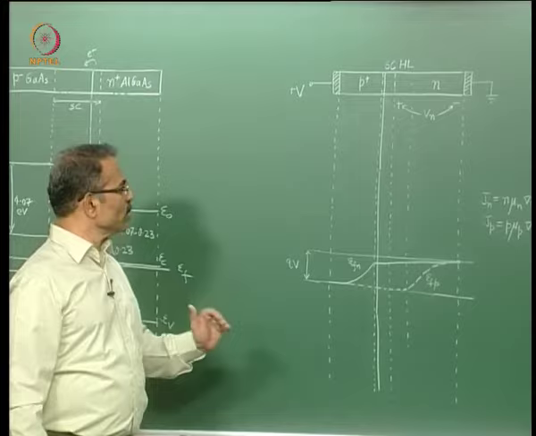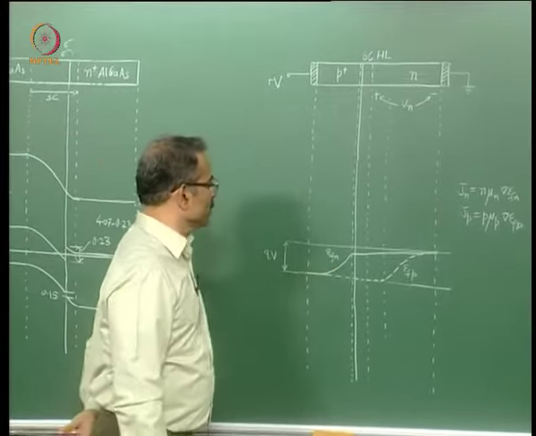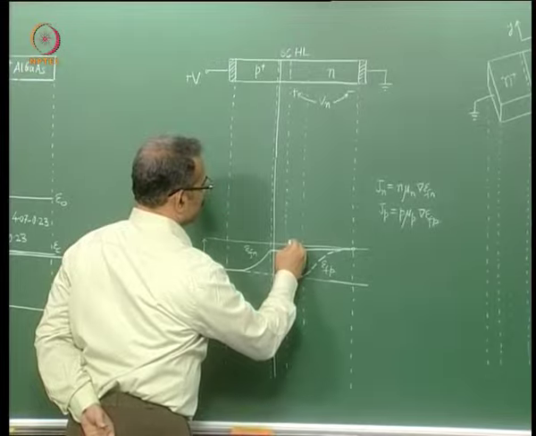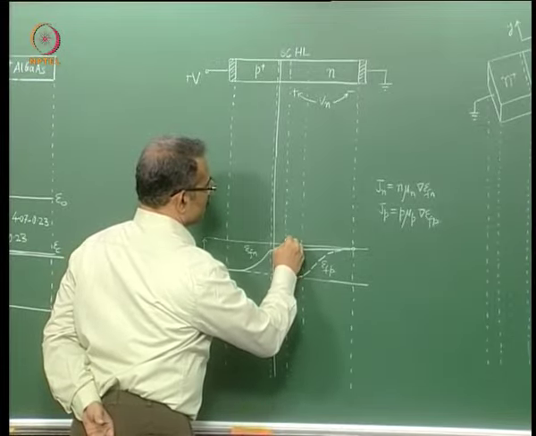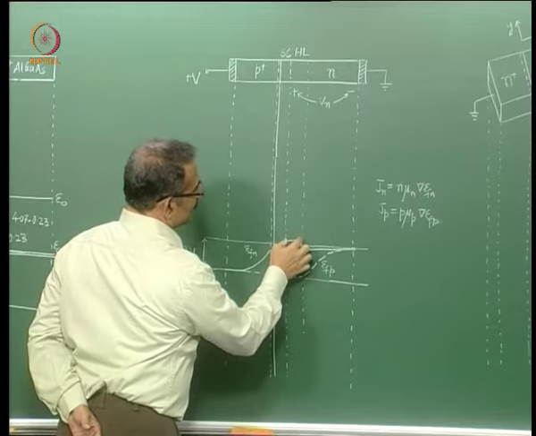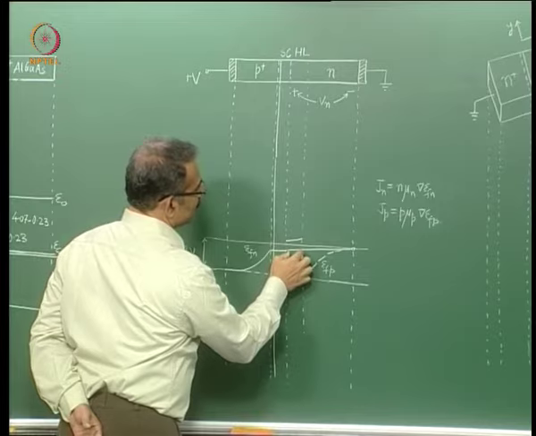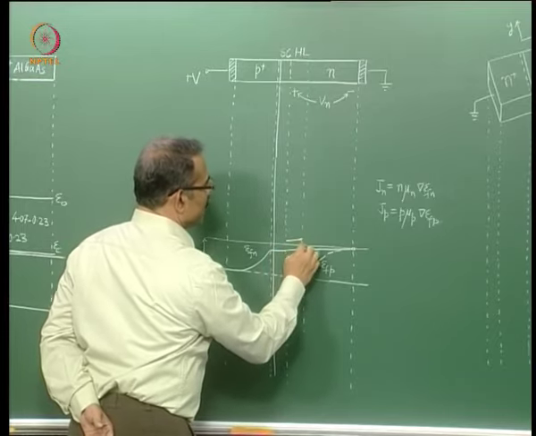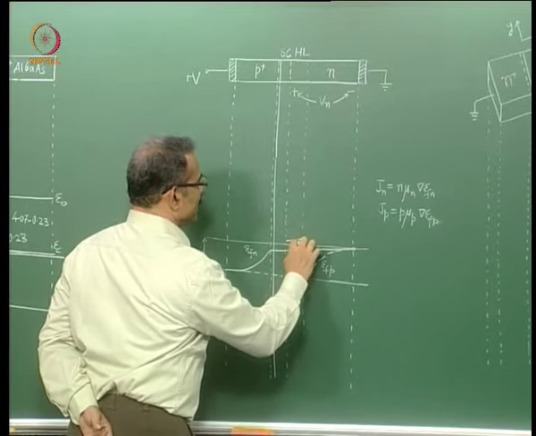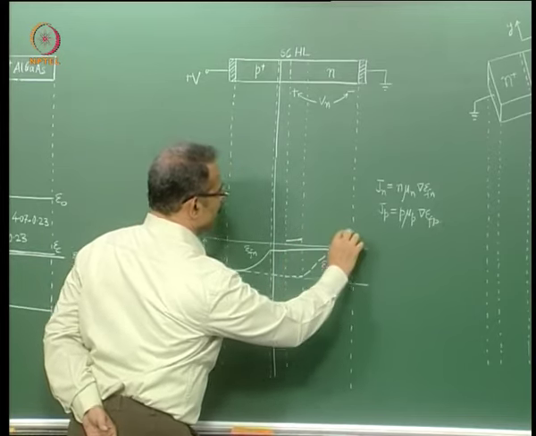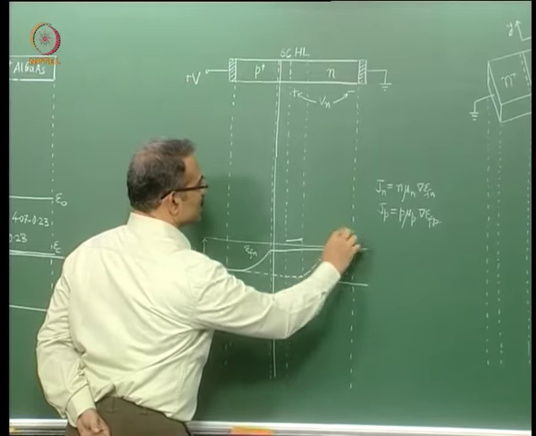Now next is to draw EC and EV in the neutral regions. So EC in the high injection level region should be parallel to EFN at some distance, and then the distance between EC and EFN should be slightly more when you go out of the high injection level region, right, because the injection level is becoming low.